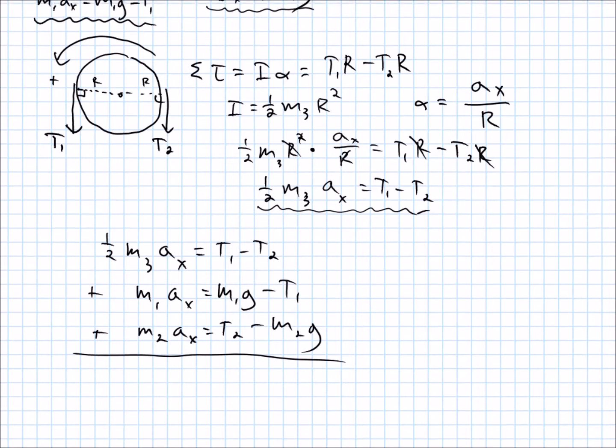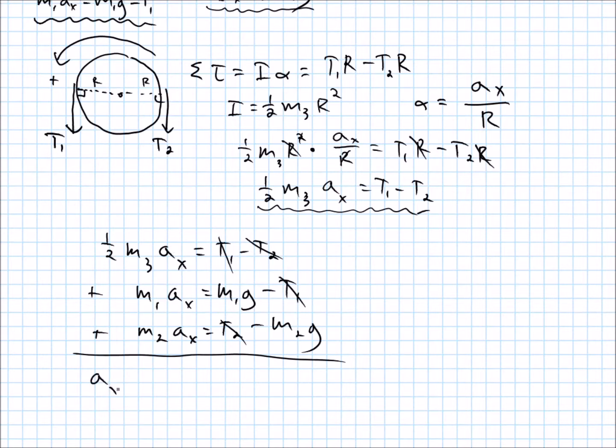So see what happens when I add these. I have a positive t1 plus a negative t1, a negative t2 plus a positive t2, they're all gone, and I'm left with a whole bunch of ax terms over here.